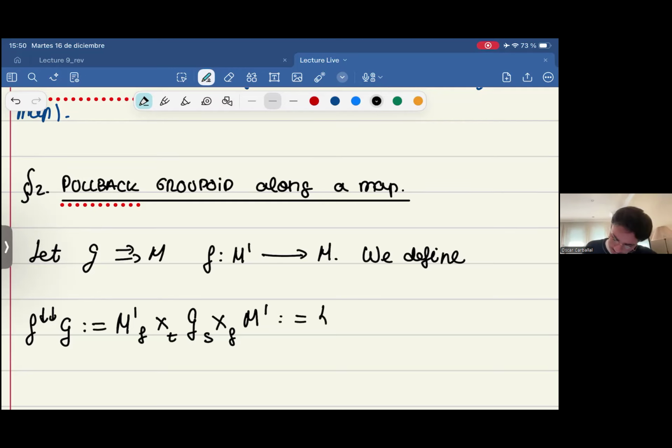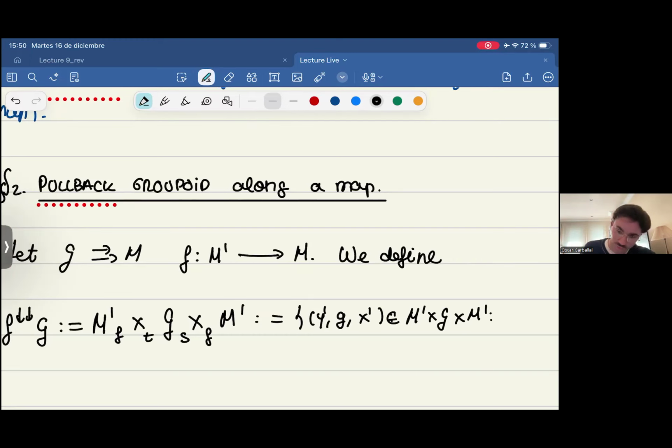And this is precisely the set consisting of points (y', g, x') in M' × G × M', such that, writing it in terms of images, f(y') and f(x') are points of M, and G is a groupoid over M. We consider those arrows which precisely join the images of x' and y'.